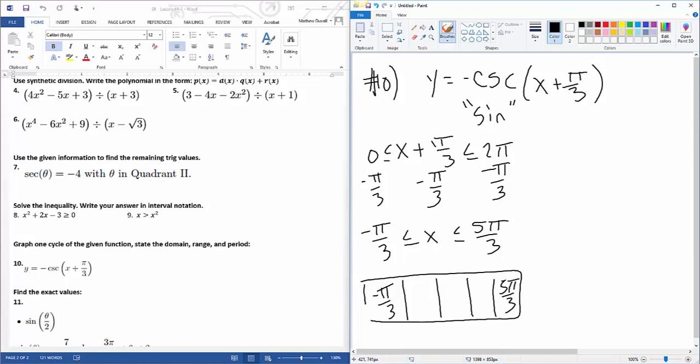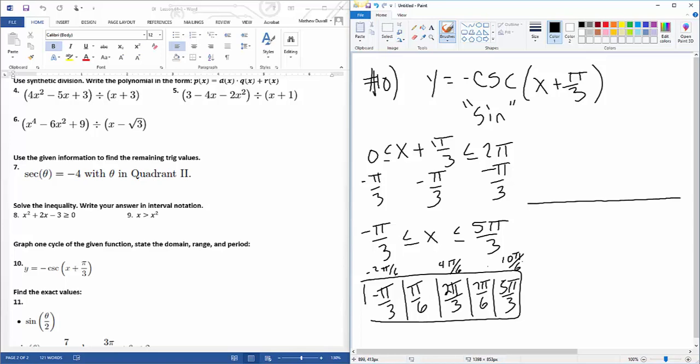Now you add the ends and divide by 2. So this would be 2 pi thirds. And then if you add the ends and divide by 2, this is going to give us pi over 6. And then add the ends, divide by 2, that'll give us 7 pi over 6. So this is negative 2 pi over 6, this is 4 pi over 6, and then this is 10 pi over 6. And we can kind of tell because it's going up by 3 pi over 6 every time.